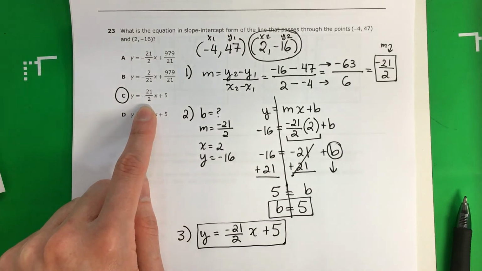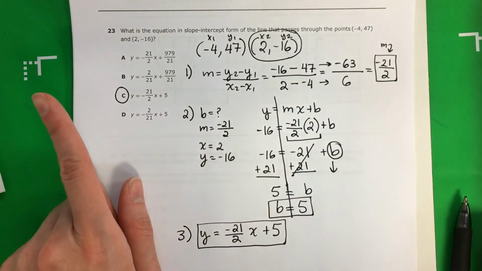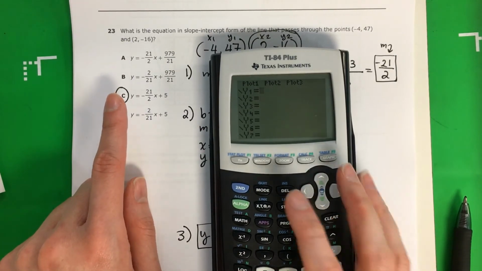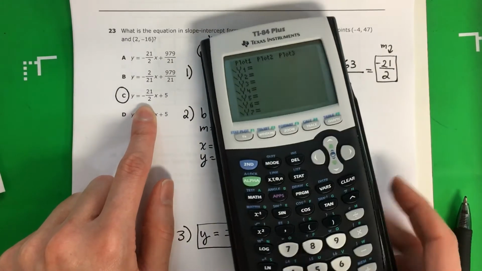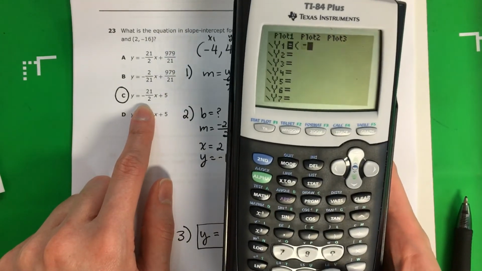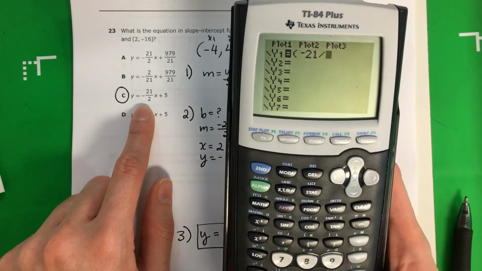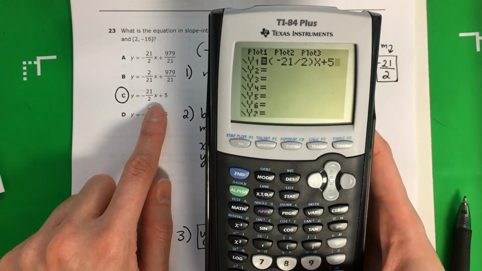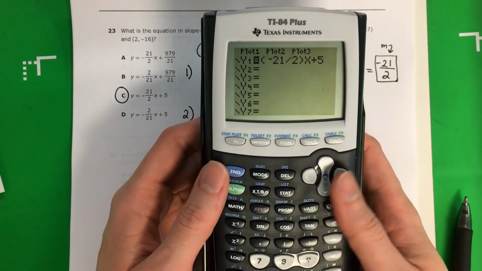Now, how can you check this? Well, first you're going to push y equals, clear everything. We're going to put the one that we thought was correct in the calculator. I'm going to put parenthesis negative 21 divided by 2 parenthesis x plus 5. And I'm going to change it.